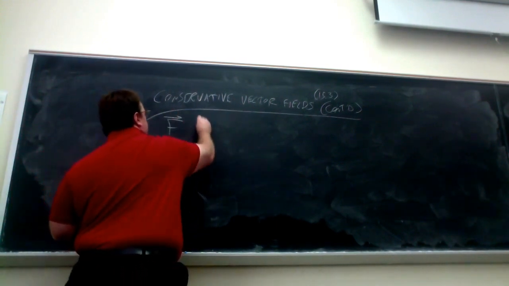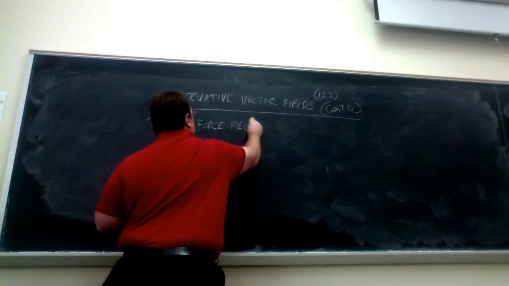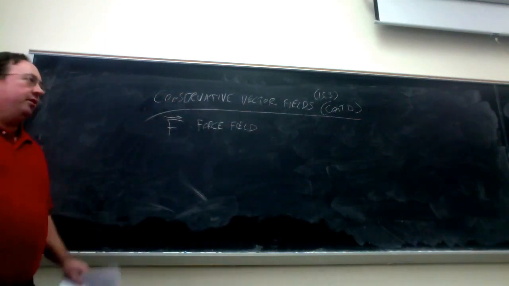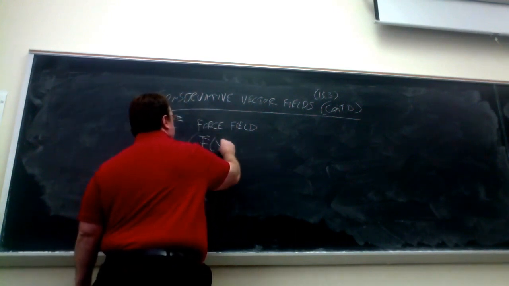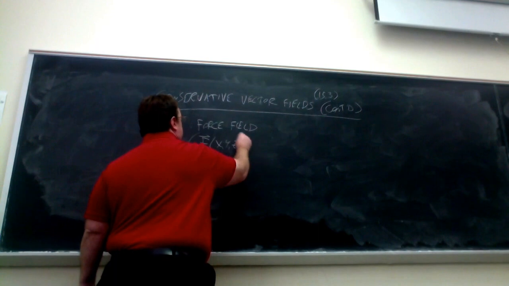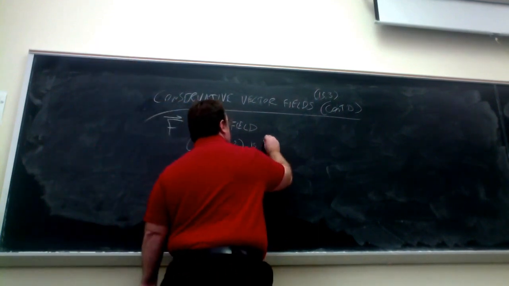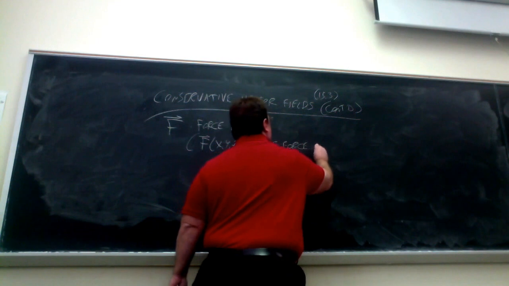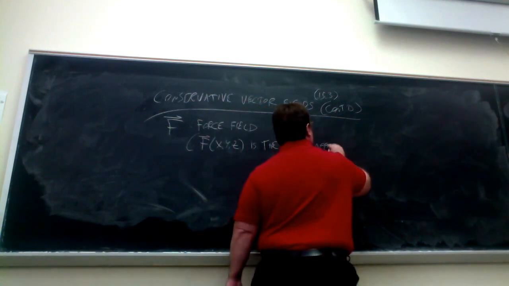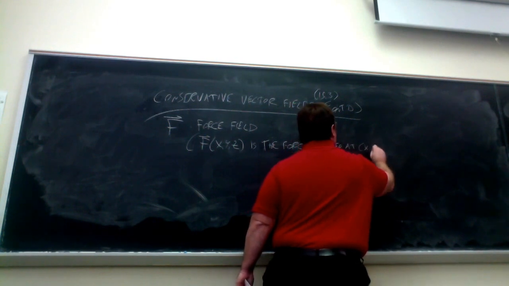Let's suppose that F, vector field F, is a force field. So in other words, at any particular point x, y, z, big F of x, y, z is a force that's being applied to an object at this particular point.